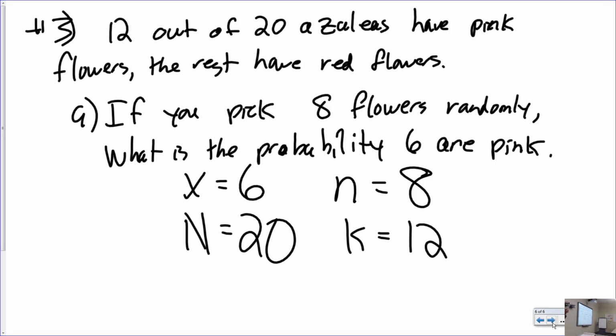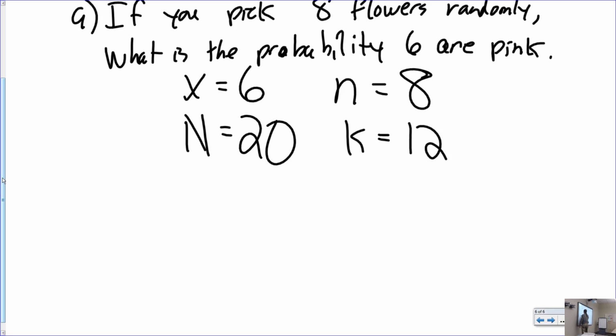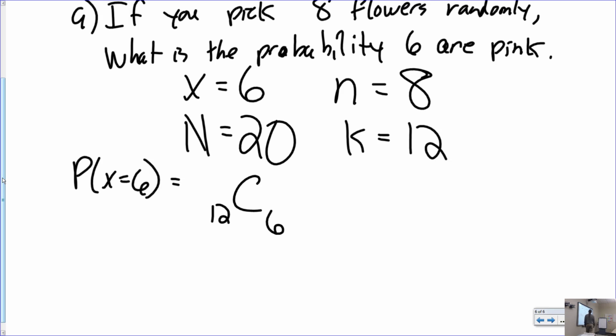Now it's just a matter of whether you can turn the crank on the formula that we built just a second ago, right? N minus k, 8 things taken, n minus x, that 2, at a time.